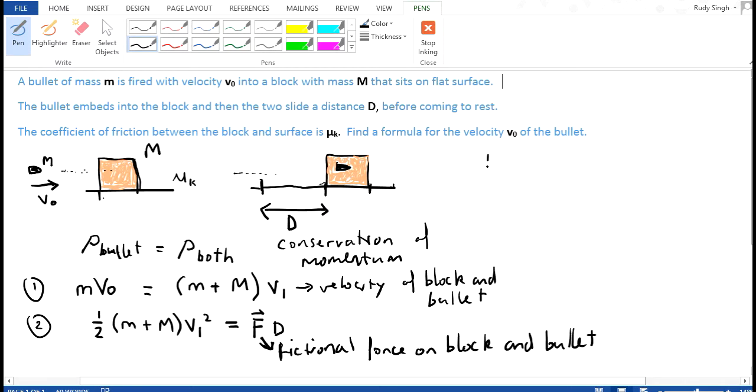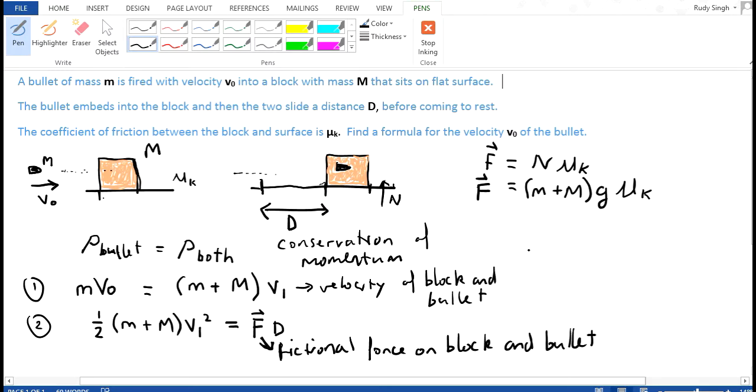So if we go up here, the frictional force is the normal force, that normal force that's pushing up here, times mu sub k, the frictional coefficient. And the normal force we know is the mass times gravity. The mass in this case is small m plus big M, and g is gravity, and then mu sub k. So that's my frictional force.